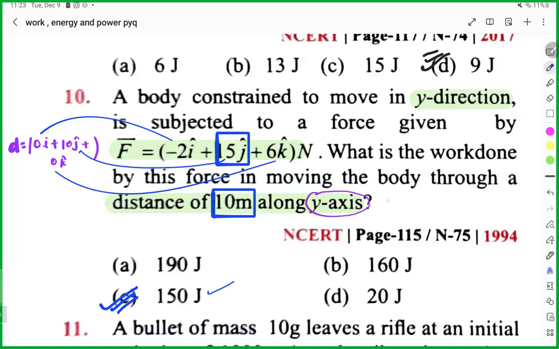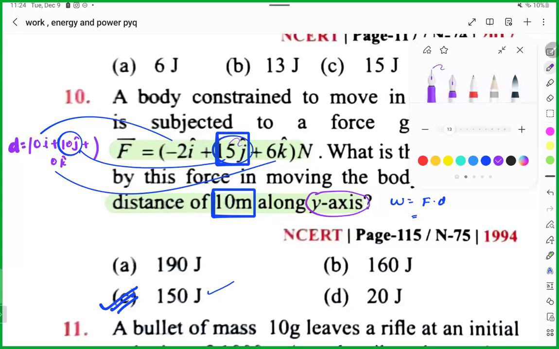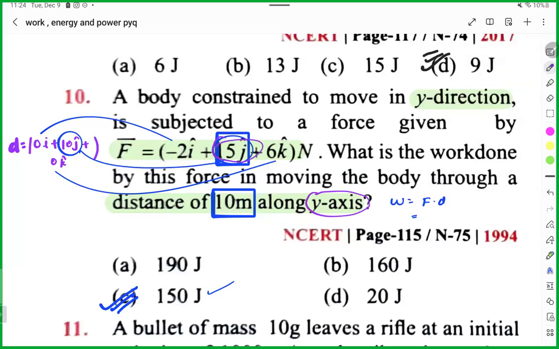Because work done is equal to force into displacement. Force value, displacement value, you will take the dot product. Here you have only 10j in the y-axis, and here 15j in the y-axis. Both will be multiplied because you have work done only in the y-axis. So 15 multiplied by 10. And if I have to do it in the NEET exam, how will I do it? I will just check: 15 is given, 10 is given, 150 my answer. Done.